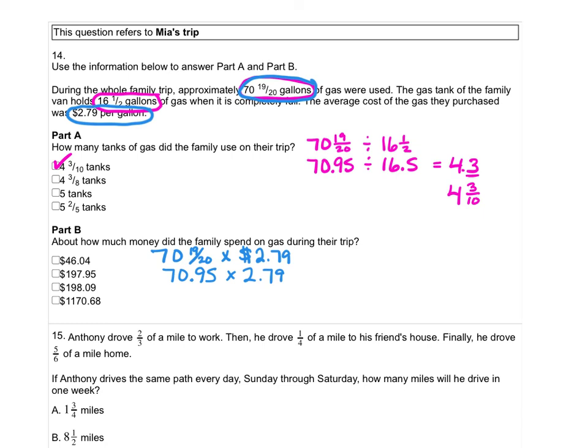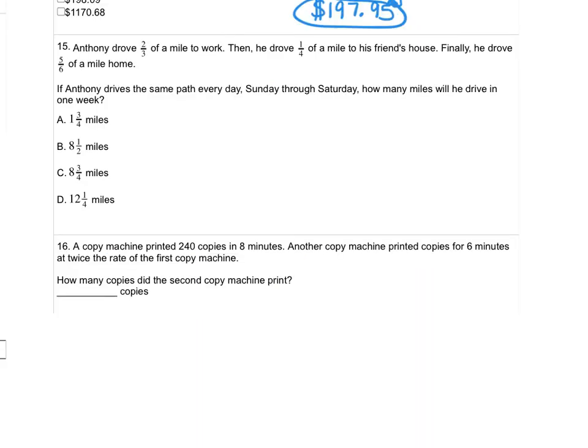And when I type that in my calculator, I get this number, 197.9505. Well, I need this in dollars and cents. So $197 would be 2 decimal places. So 0.9, and use that 0 to decide. This is not going to round up, so it's 0.95. $197.95.